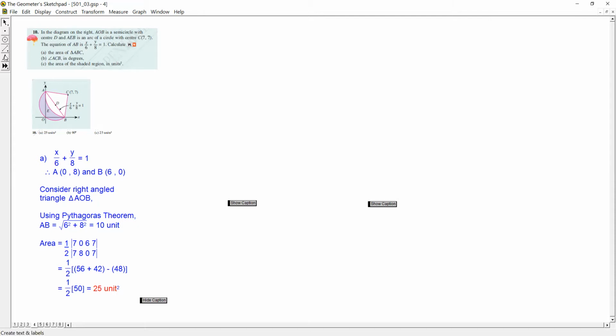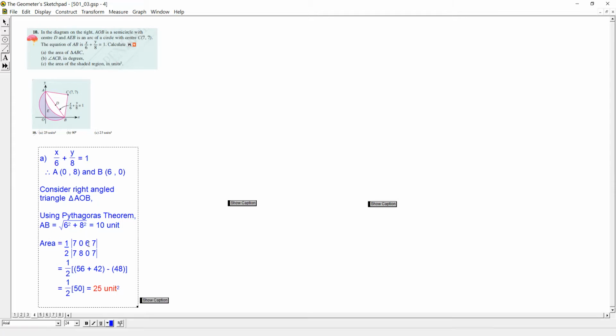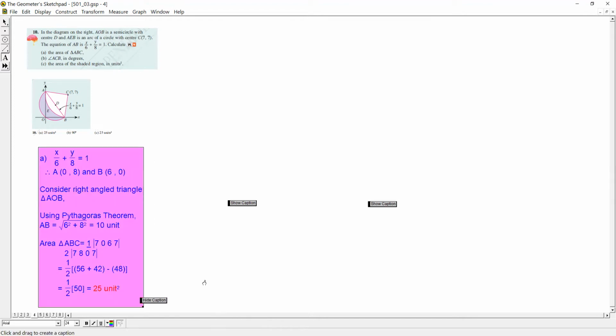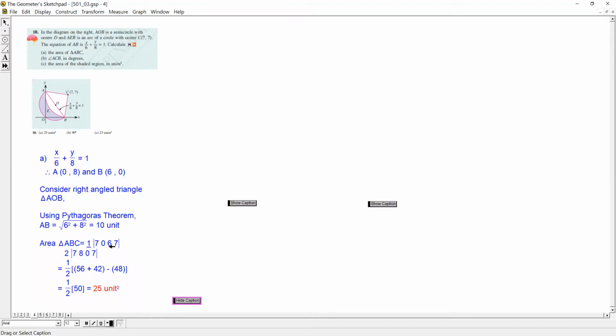So let me put down here: area of triangle ABC. Right? Let me pull this further apart.